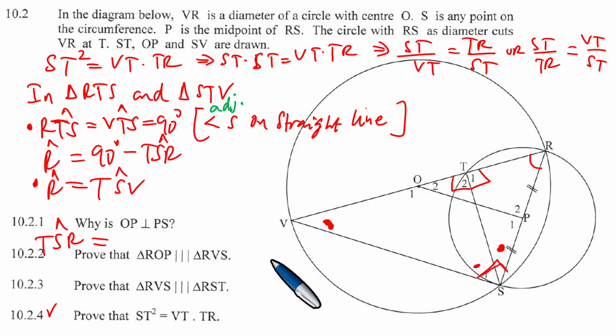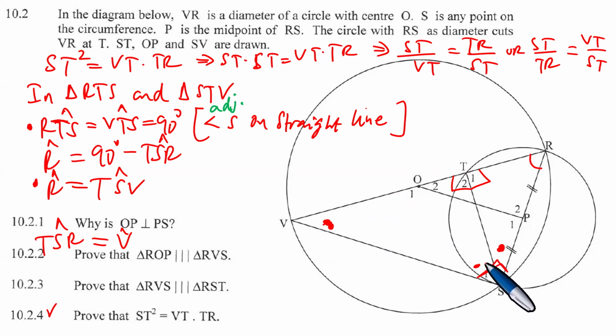Obviously, this is true because in these triangles we're working on, the triangle RTS and the triangle STV, you have already exhausted two angles in the triangles, so this angle V is the one remaining.